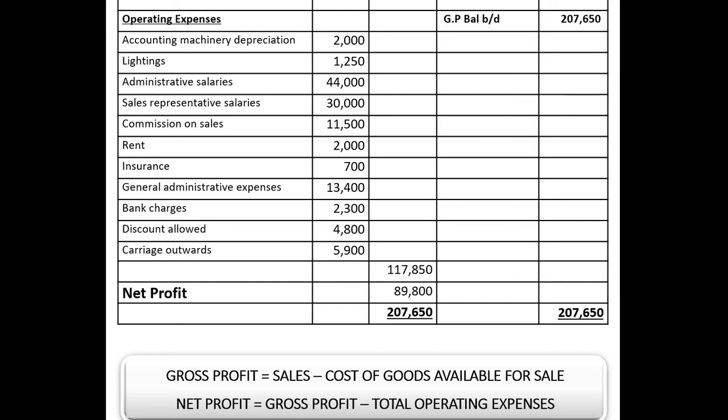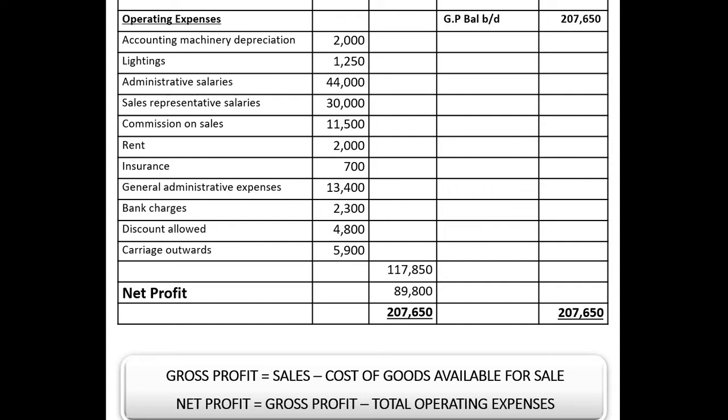Lighting was apportioned in the fraction of 1/6. Initial cost of lighting was 7,500 before apportionment, and when we multiply, we get 1,250. Administrative salaries amounted to 44,000.